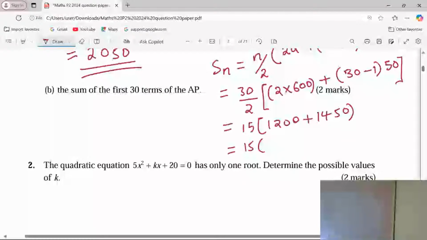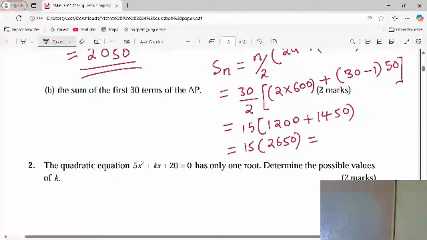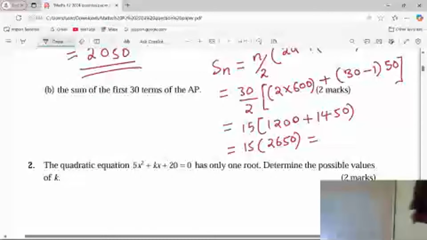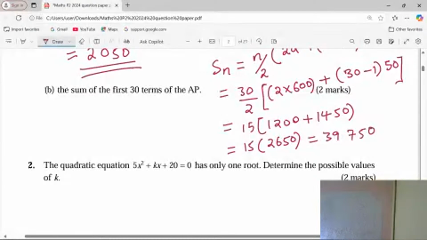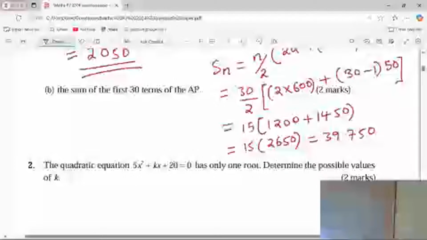Right? Then now this product is going to be 39,750. So we are having the sum of the first 30 terms.